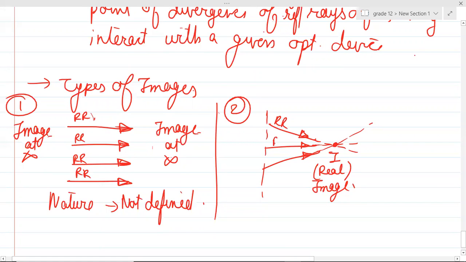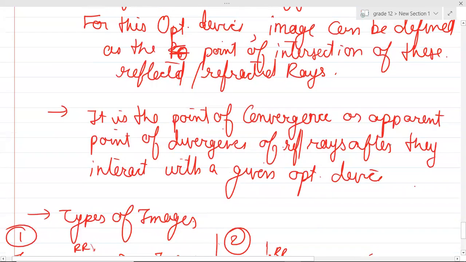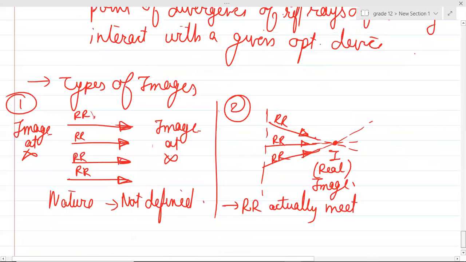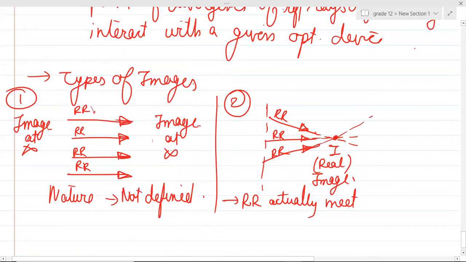This is reflected ray, this is reflected ray, right. Is this clear, guys? Reflected rays actually meet. So image is defined as the point of convergence or the apparent point of divergence. So can you see this is basically the point of convergence? Okay. And in the next case it will be the apparent point of divergence.